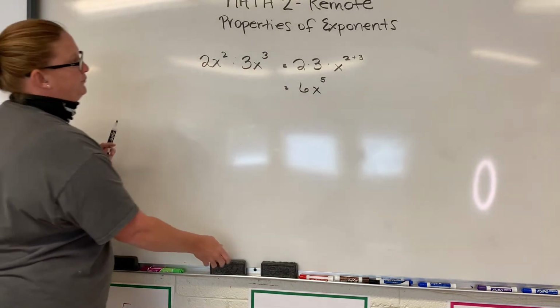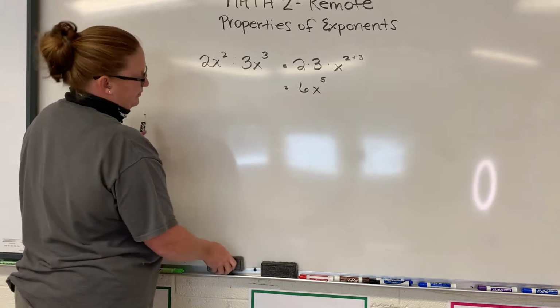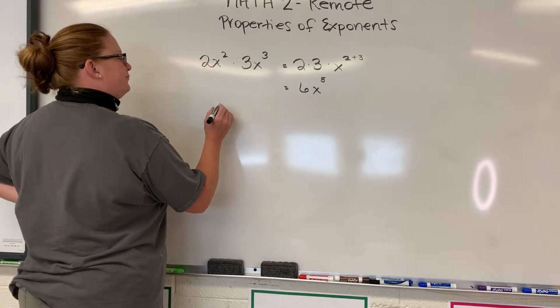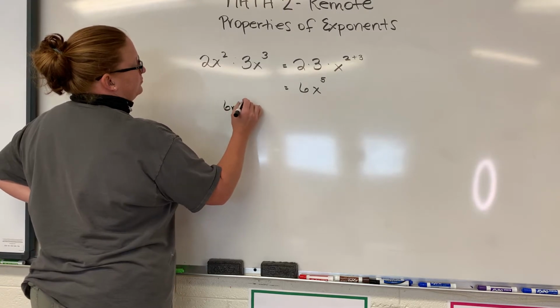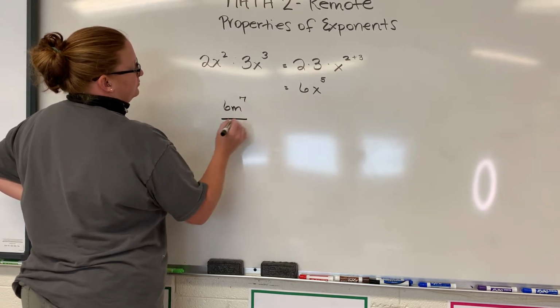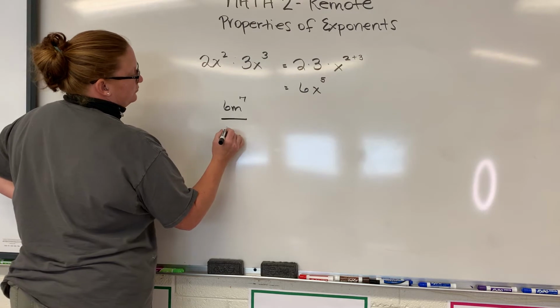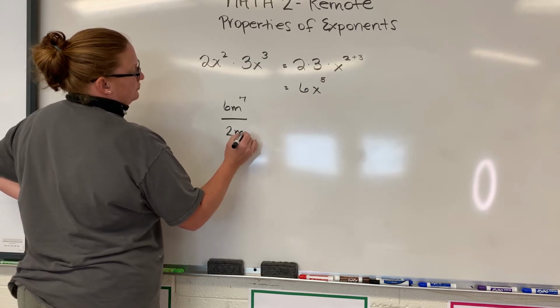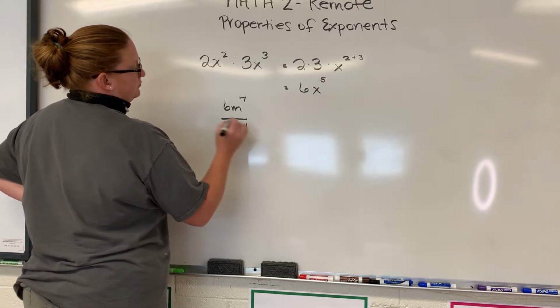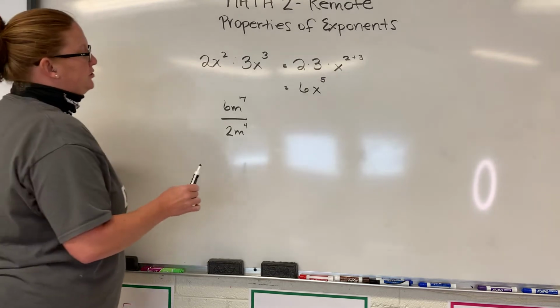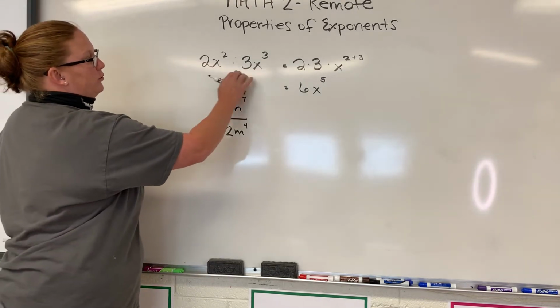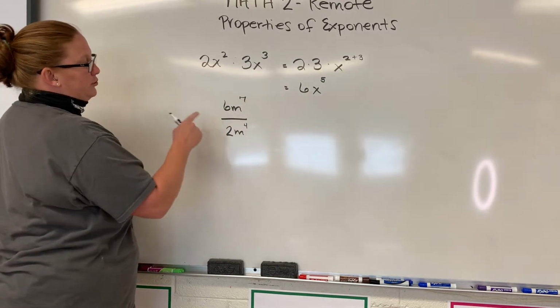Now let's do another one. This time we're dividing. We have an expression that we're dividing. Same as up here, whatever we're doing up here, we're still doing with the numbers.